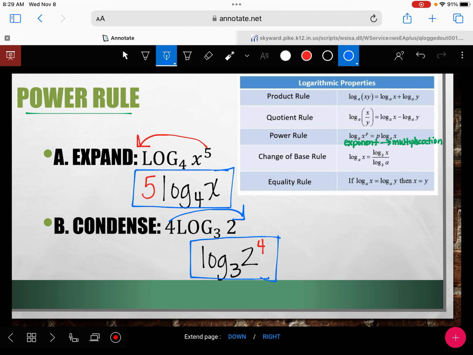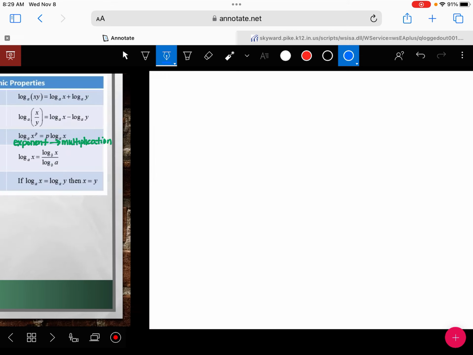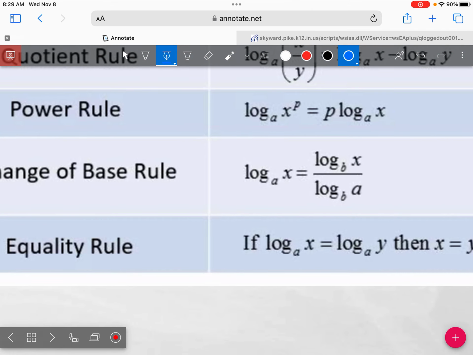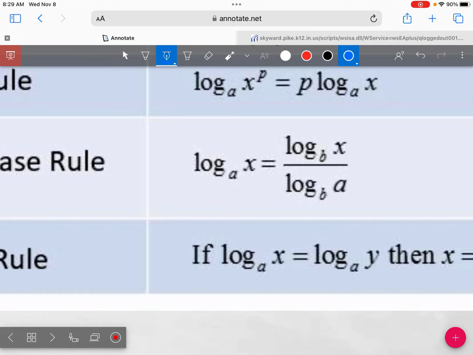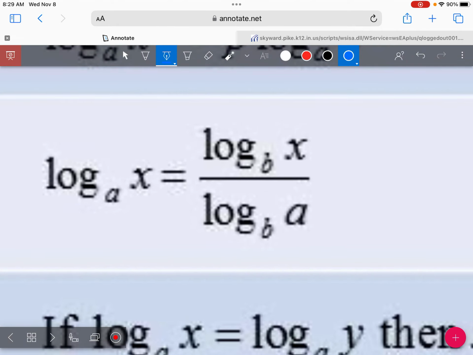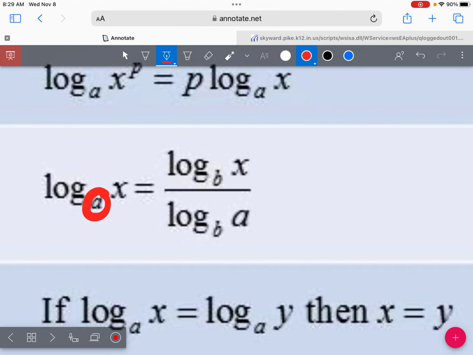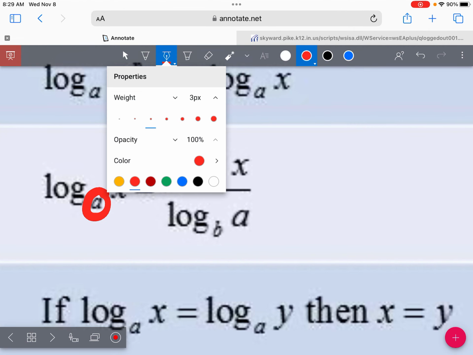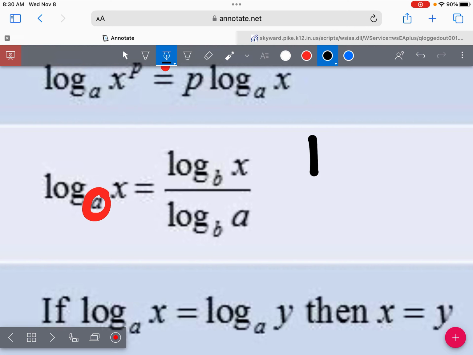So that means that if we want to figure out what a different base is, we have to do a change base rule. So change base rule is pretty simple. When you do a change base, if you have a base that is not already in your calculator, so if this number here is not a 10 or an E, because those are the only 2 keys we have, we're going to change it. And when we change it, we're going to use one of the 2 options that we have in our calculator. So we're going to change it to a common log, which would be a log.